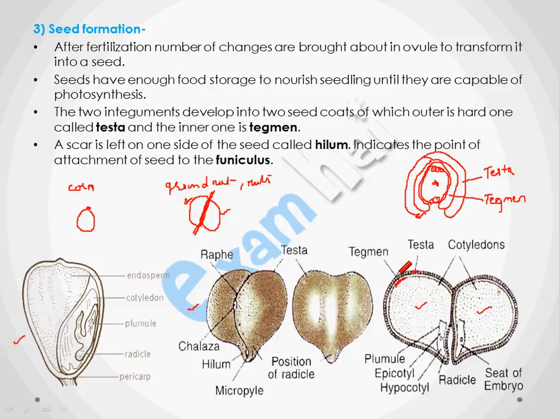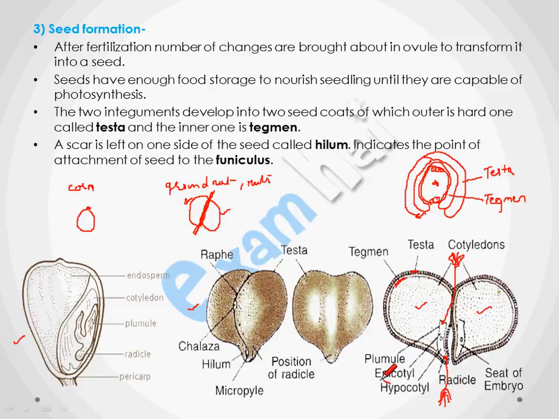This is the plumule, this is the radicle. The plumule will develop into a shoot, and the radicle will develop into a root.